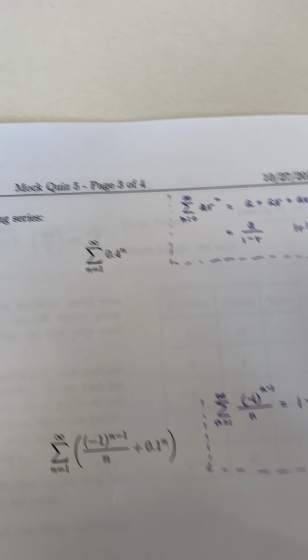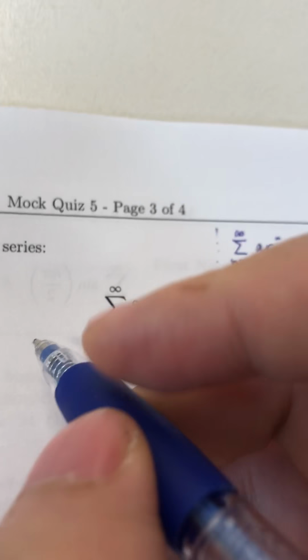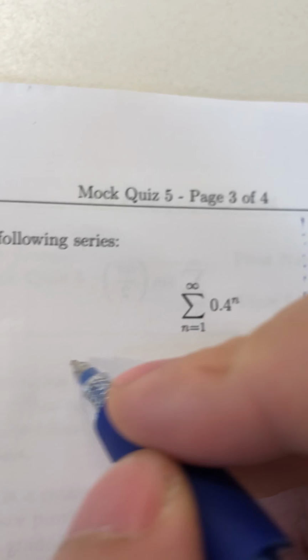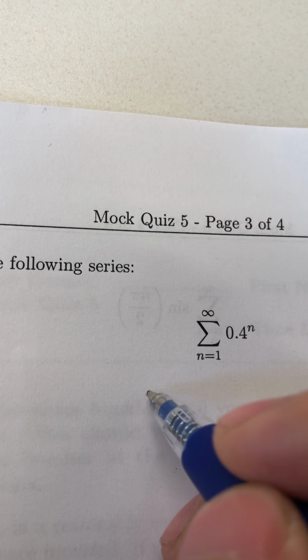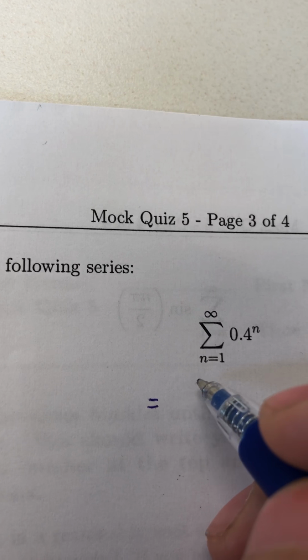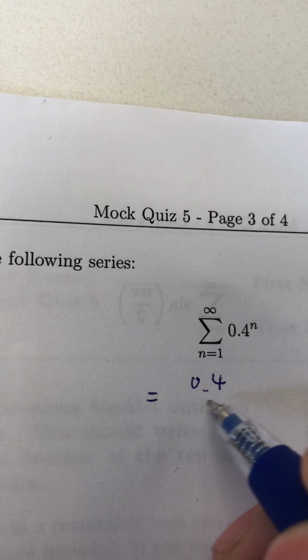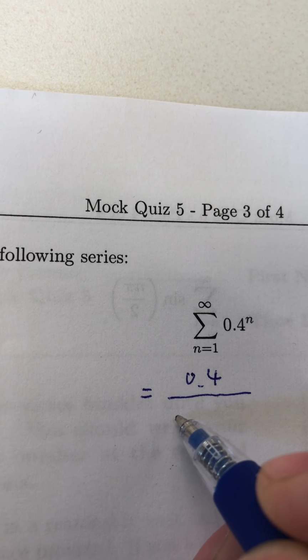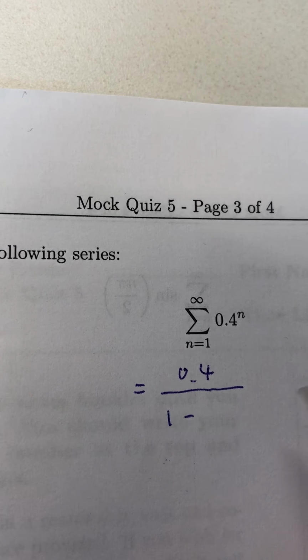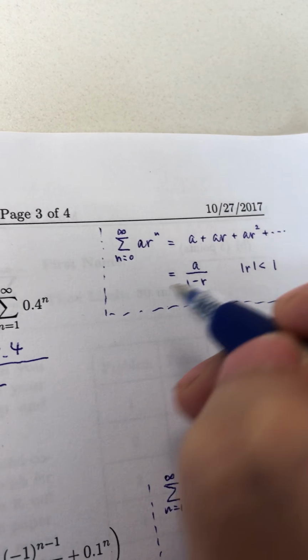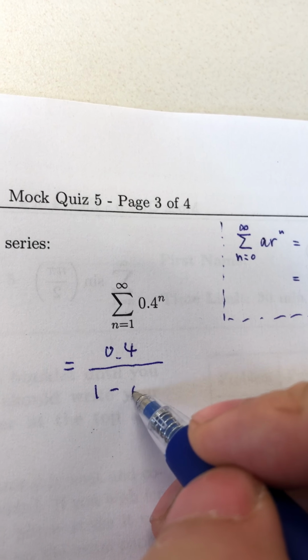Okay, so now let's start to do it. It should be equal to a, which is 0.4, divided by 1 minus r, which is again 0.4.